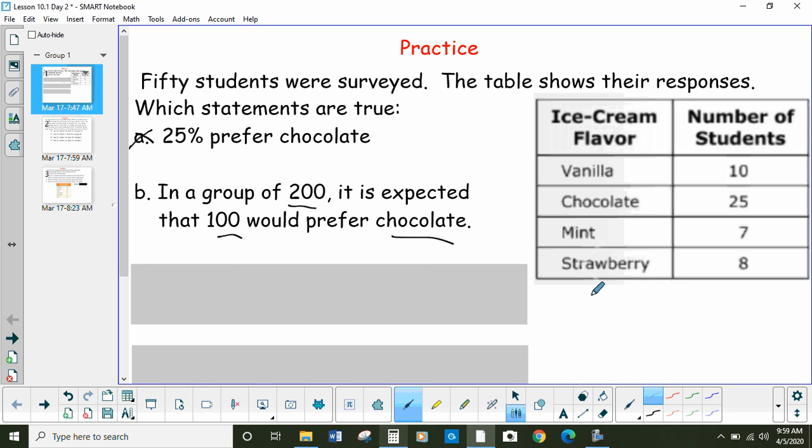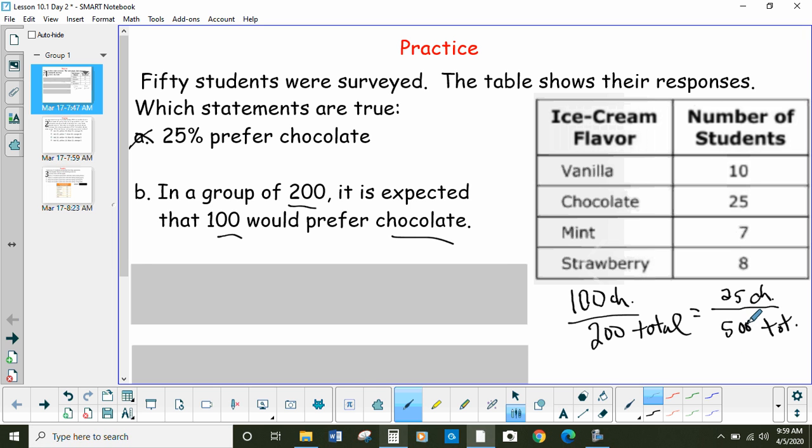And we're going to go ahead and say if we had 100 chocolate out of 200 total, would that be the same, or would that be proportional to what we have in the table? Well, the table has 25 chocolate out of 50 total. And some of you can look at that right away and say, yeah, it's the same.